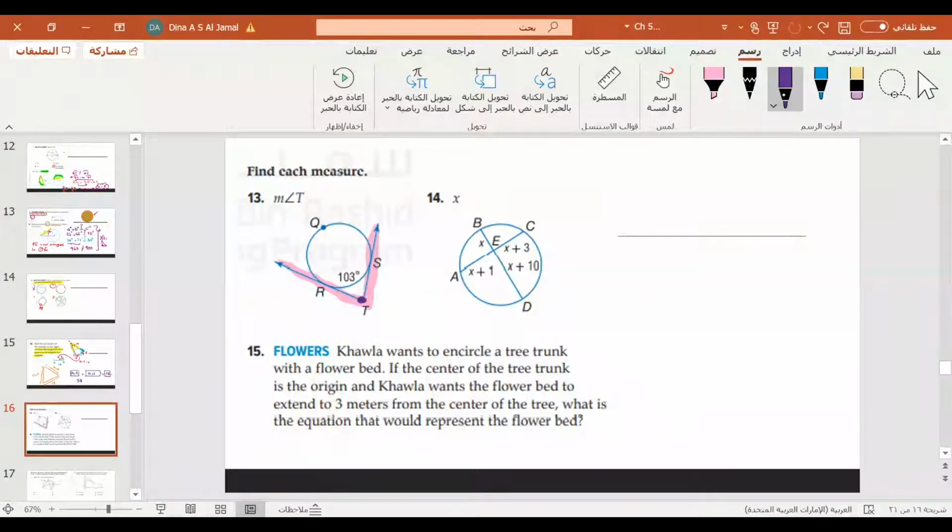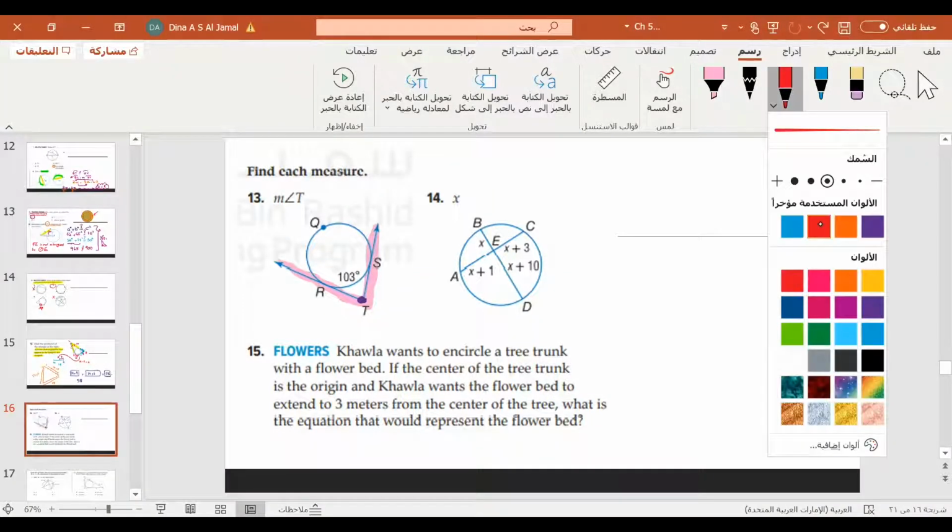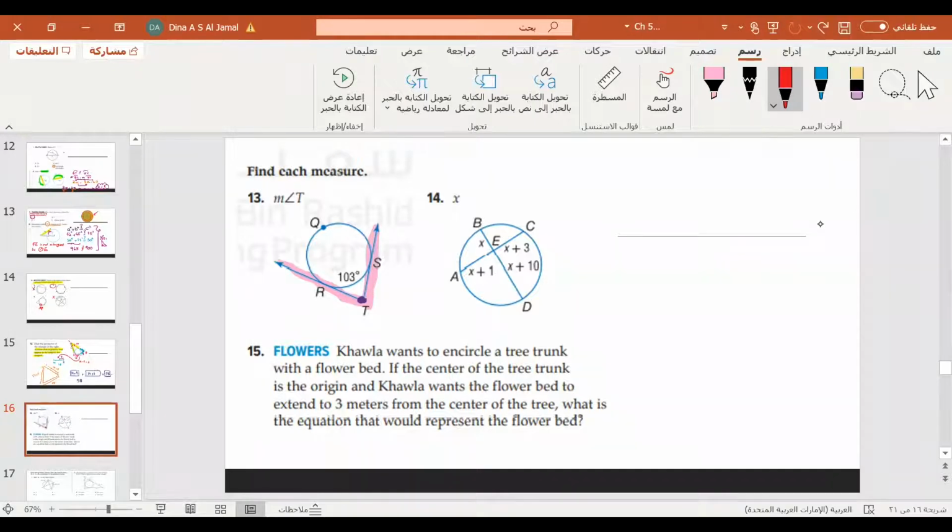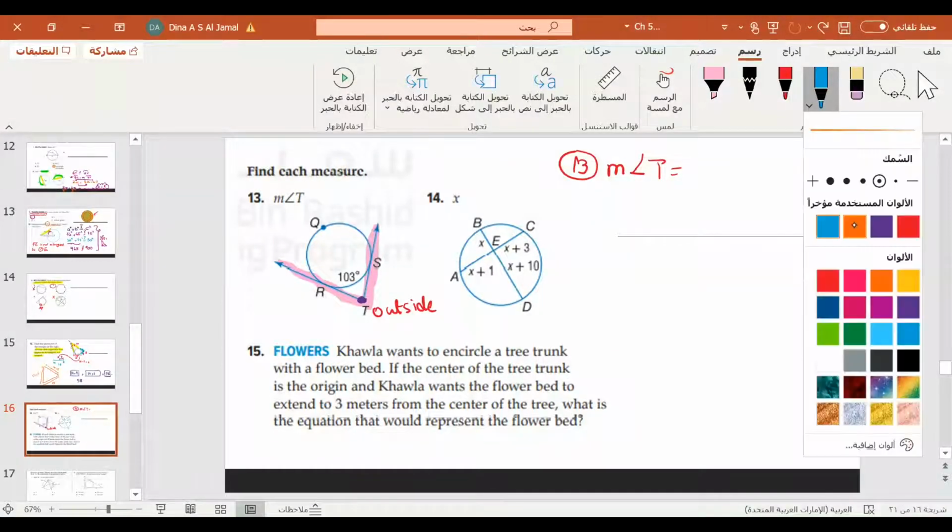So you are having an angle with an intersection outside the circle. Pay attention, here you have the intersection outside, and he's asking you about angle T. You need to keep in mind the formulas of the intersection outside, inside, and on the circle.